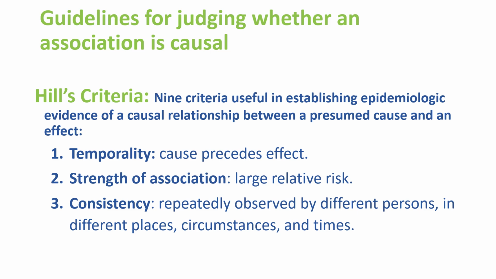They all observed such an association between this risk factor and the disease, by different researchers in different countries and different research circumstances, and they all found an association. This is the third important criterion that should apply to judge that the association could be causal.